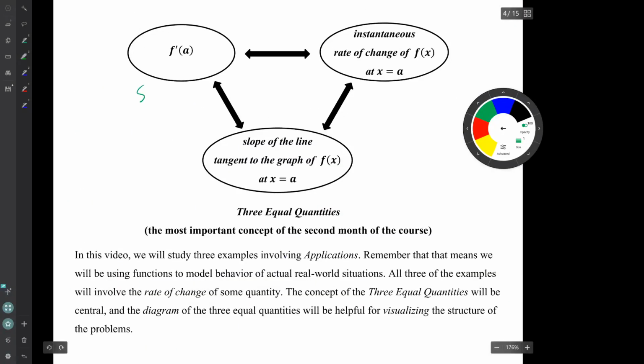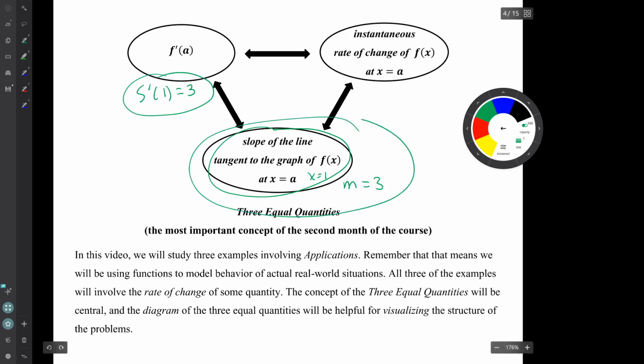We found S prime parentheses 1 is equal to 3. That tells us that the slope of the line tangent to the graph at x equals 1 is m equals 3. So we'll illustrate that first result from part A by drawing a tangent line on the graph and indicating its slope.